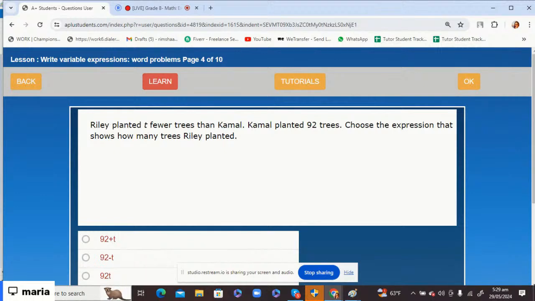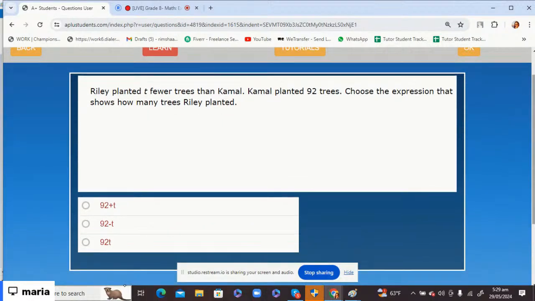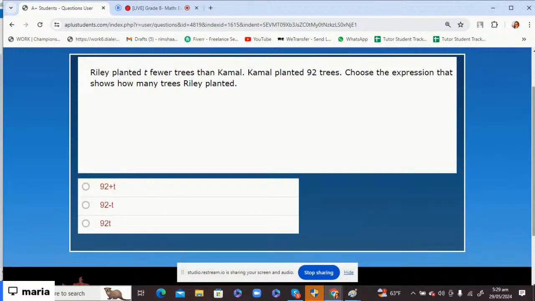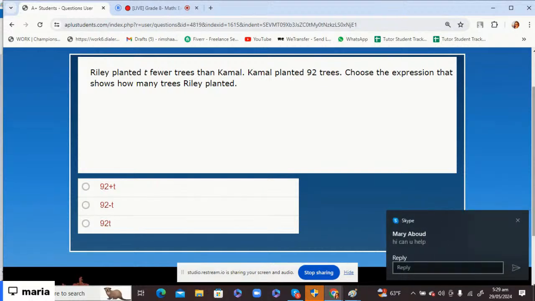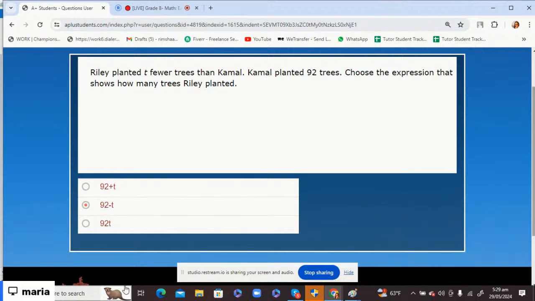What does it mean? It means again subtraction. So which one is the subtraction one? Check it out. So this is 92 minus t.